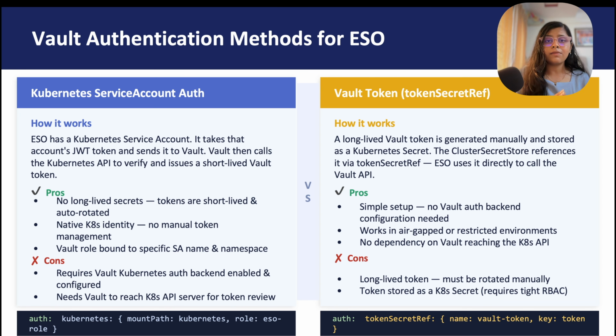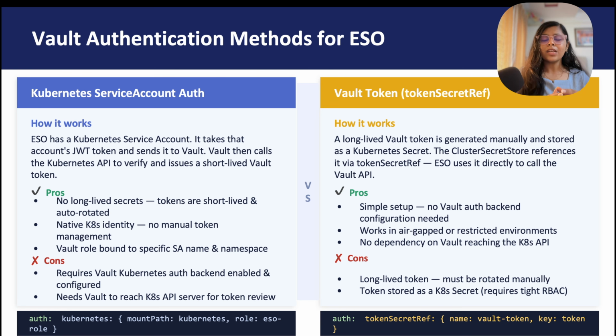In case of service account, we have a short-lived one, whereas in case of token secret ref, it is a long-lived one. Okay. So in case of vault token, a long-lived vault token is generated manually and is stored in a Kubernetes secret. Okay. And then the cluster secret store references it via token secret ref. So ESO uses it directly to call the Vault API.